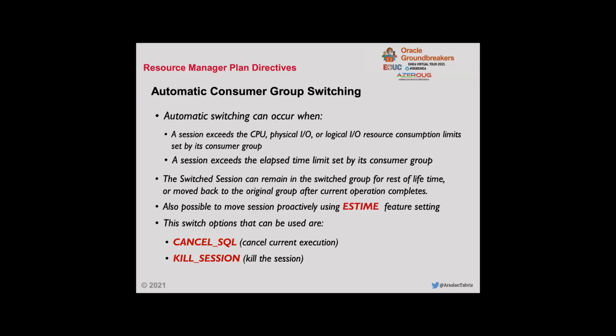Automatic switching can occur when a session attribute changes, causing a new mapping rule to take effect, or a session exceeds the CPU, physical I/O or logical I/O resource consumption limits set by its consumer group, or it exceeds the elapsed time limit set by its consumer group.